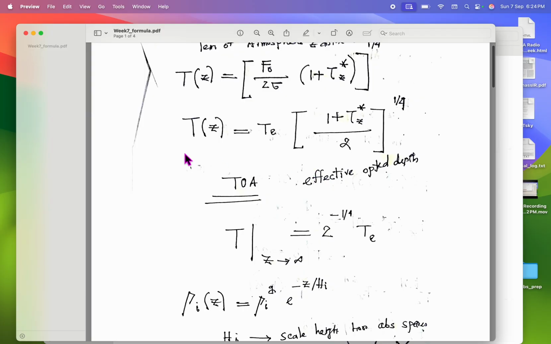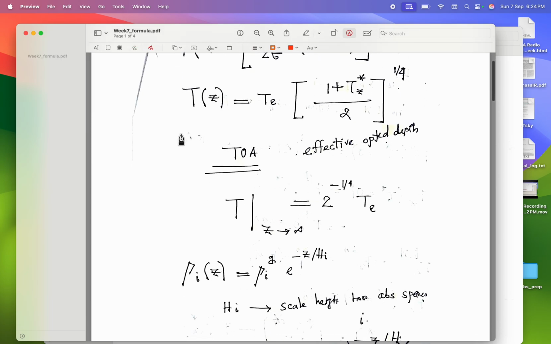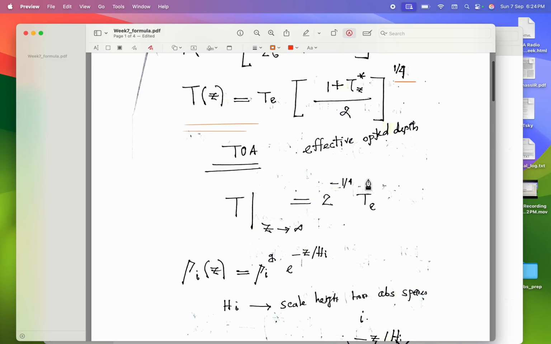And we can also check these formulas. At the z direction above the ground, in this equilibrium atmosphere model, we have Tz equals Te times (1 plus tau z divided by 2) to the power 0.25.